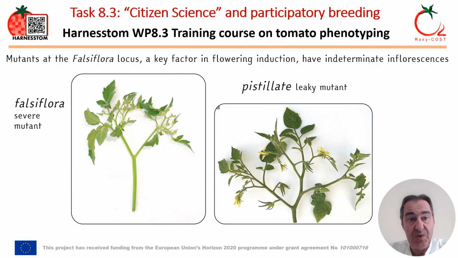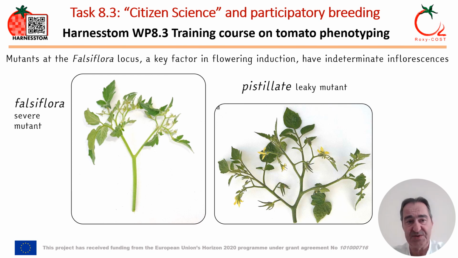As an extreme, mutants of the falsiflora gene are emblematically incapable of keeping the inflorescence meristem determinate. This gene, that in other species is called leafy, and the name comes from the mutant phenotype, is an essential regulator of the floral transition, and severe mutations like falsiflora on the left in the slide show very indeterminate inflorescence, incapable of developing a flower.